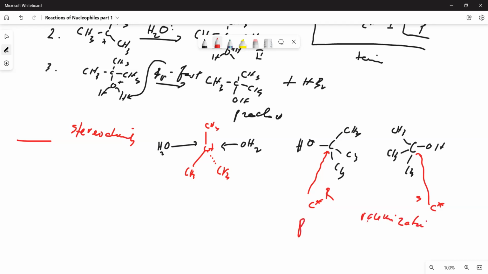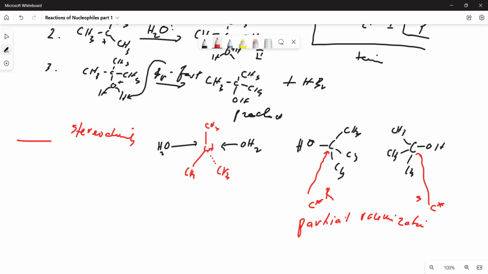So there will be partial racemization, wherein you have a mixture of R and S. Whereas in SN2, you will have complete inversion. So that's another indication for SN1 reaction, because there will be partial racemization. Second, you have a carbonium ion intermediate, okay, which is subject to rearrangement. So these are very important indicators for SN1 type of reaction.